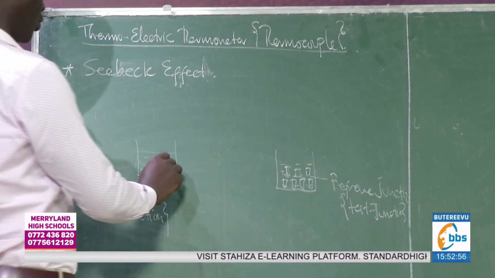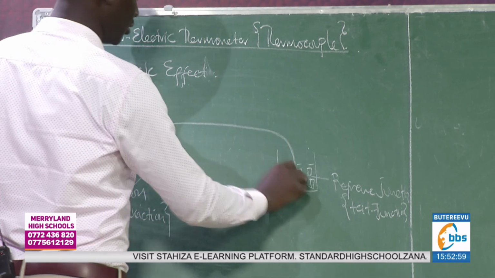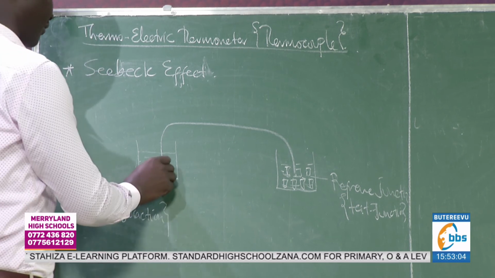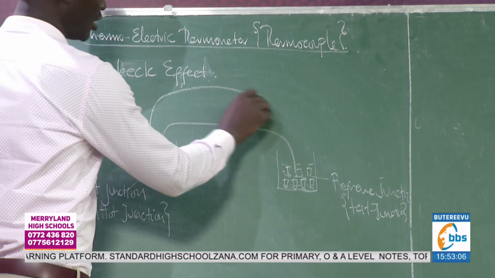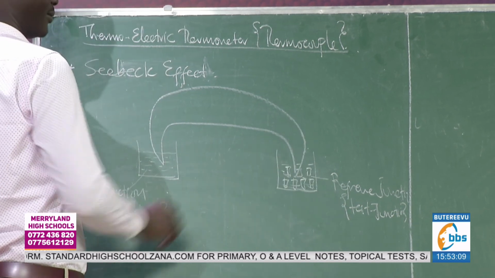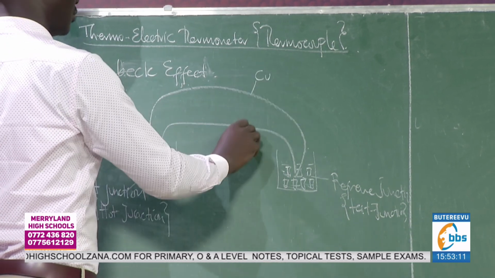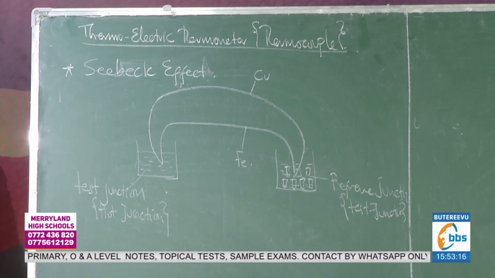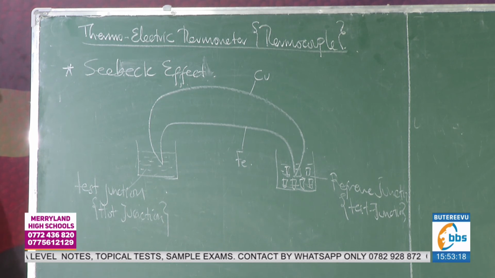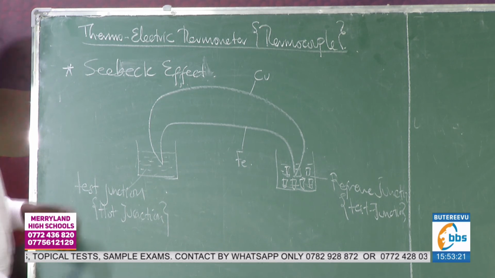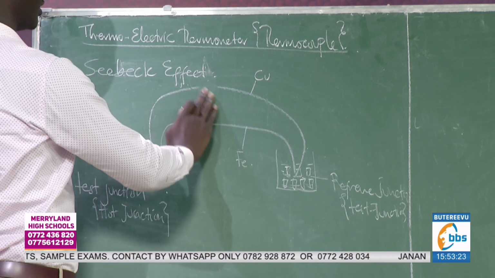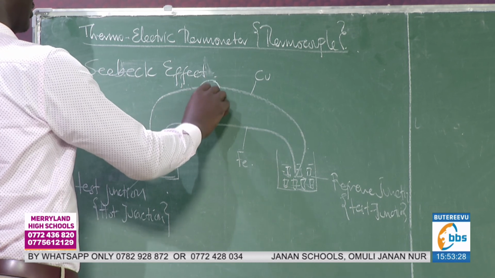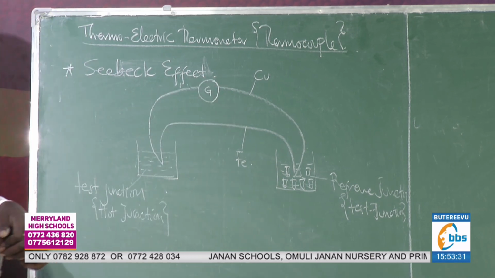Now, if I get two wires of different conductivity, for example, if I get copper and iron, if I get those two wires and I join them together, observations show that if I happen to connect a galvanometer at such a point, the galvanometer is going to give me a deflection.